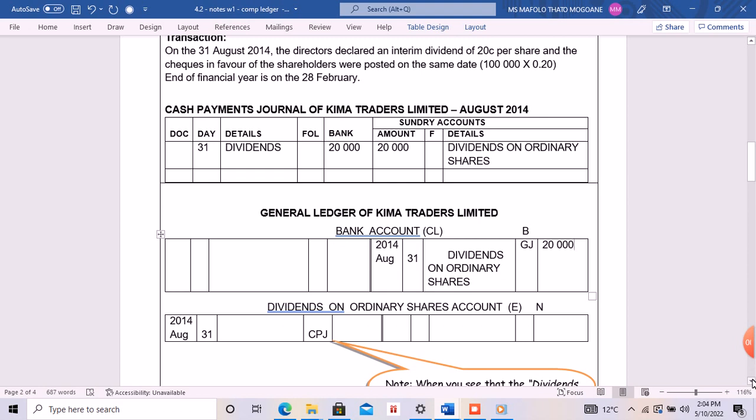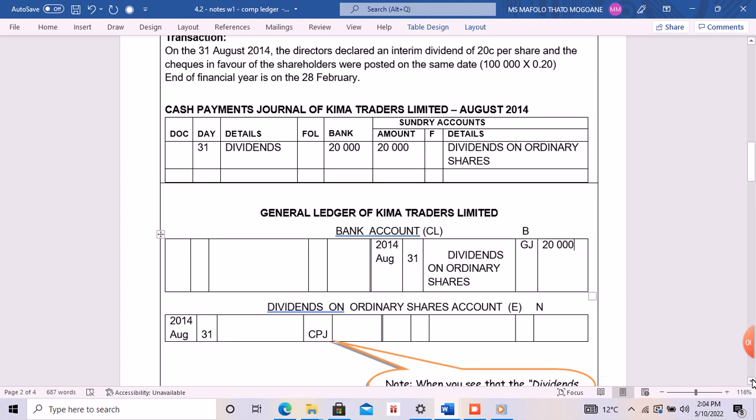Under dividends on ordinary shares, we are saying that the shareholders are going to be settled. That's why we record it on the debit side.